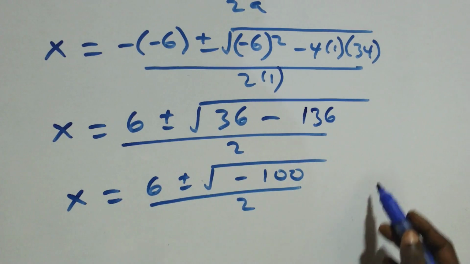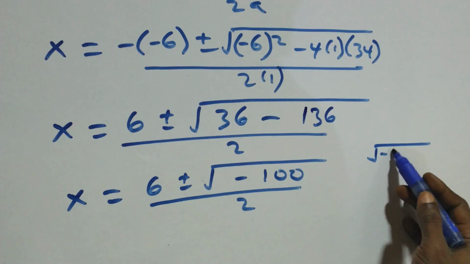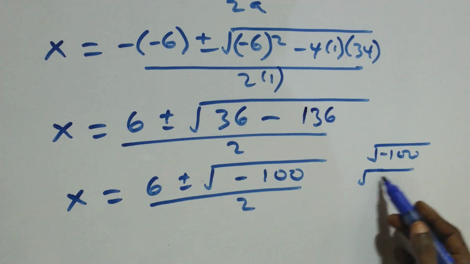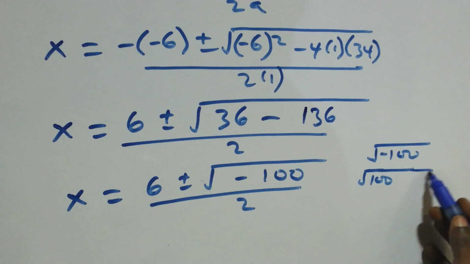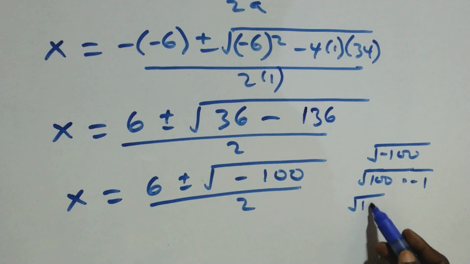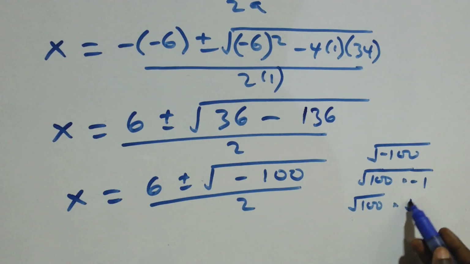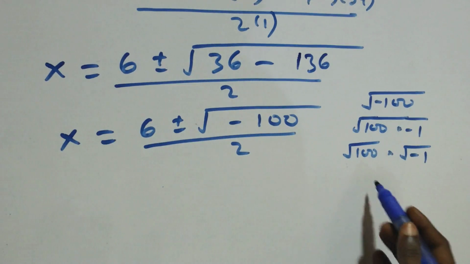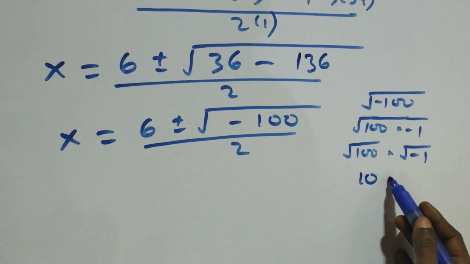And here, root minus 100 can be expressed as root 100 times minus 1. And when we separate this, same thing as root 100 times root minus 1. And root 100 is 10. And root minus 1 is i.